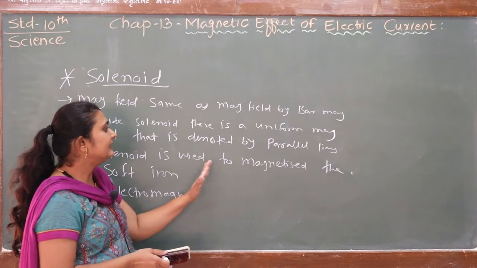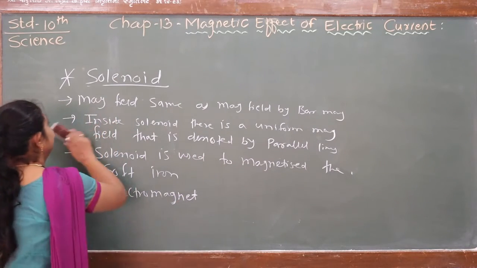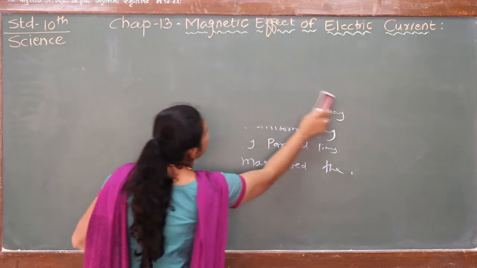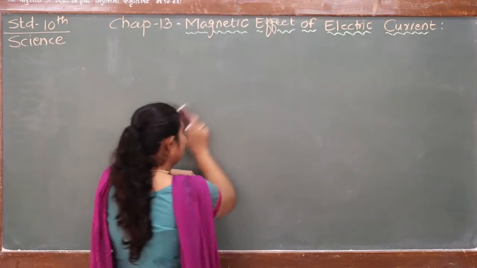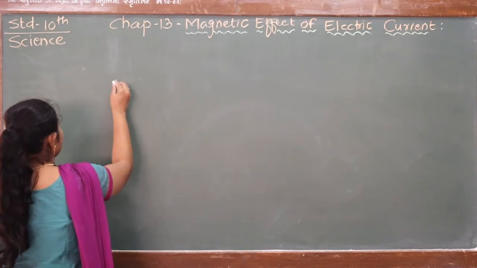Now we will see the last topic, the difference between electromagnet and magnet. For 2 marks, this question will be asked.